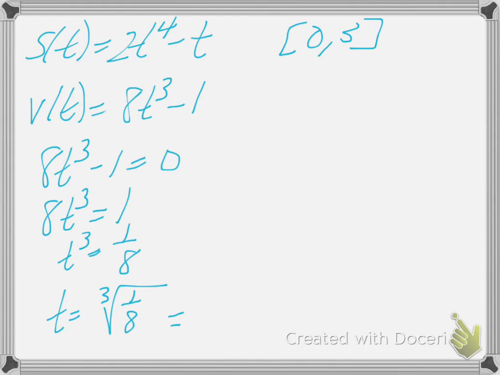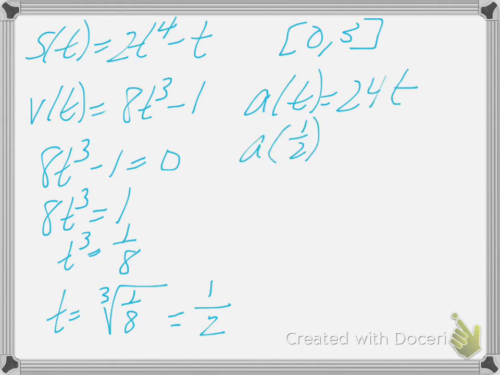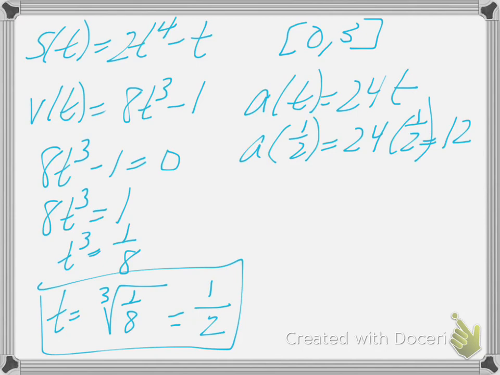So the cube root of 1 is just 1, and the cube root of 8 is 2. So at t equals 1/2, it probably changes direction, but let's just double check the acceleration. We're going to check the acceleration at 1/2, and we get 12. So the acceleration did not equal 0. So we know definitely when t equals 1/2, it changes direction.